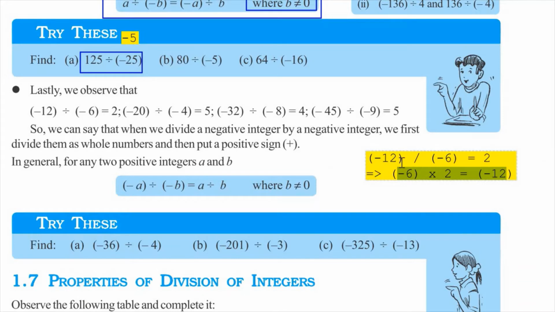This is because negative into positive is equal to negative. We have learned this in the integer multiplication. Okay? Because this is the corresponding multiplication equation for the above division equation, we know that minus 12 divided by minus 6 should give us the other factor. The other factor here is 2. Okay, so that is how we know minus 12 divided by minus 6 is equal to 2.